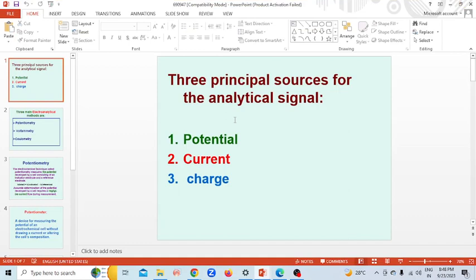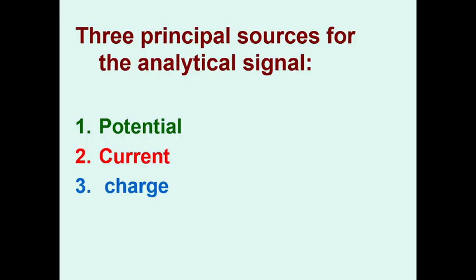So why are we discussing the electrochemical cell? Because we can use electrochemistry in analytical chemistry also. By using an electrochemical cell, we can measure potential, current and charge, and according to these values, we can quantify our analyte.